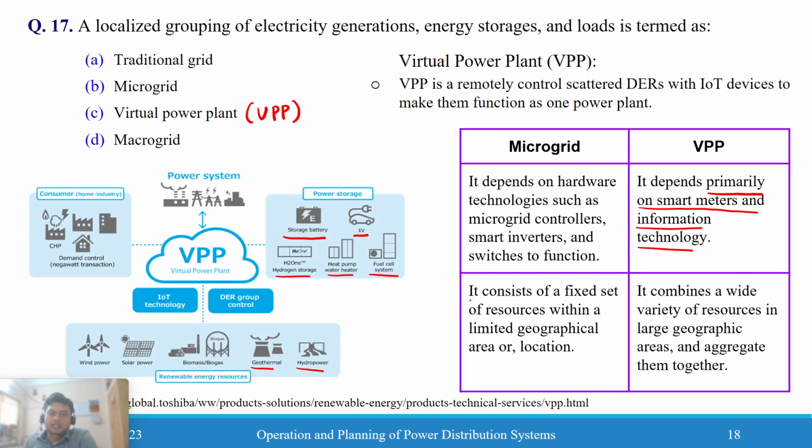A microgrid consists of a fixed set of resources within a limited geographical location. A virtual power plant combines a wide variety of resources in large geographic areas and aggregates them together.